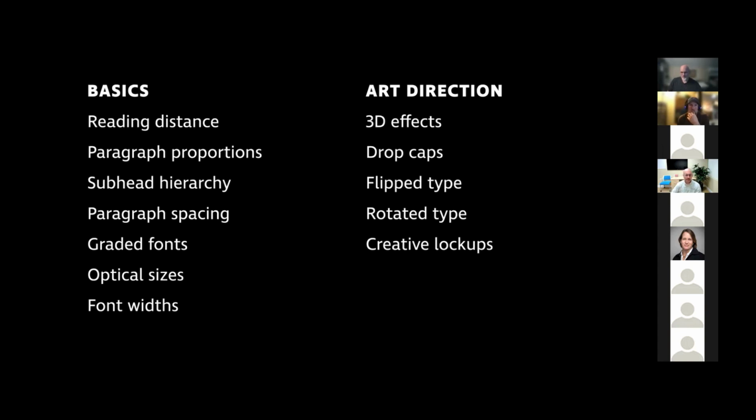We talked about paragraph spacing, so indenting instead of breaking the line, right? Graded fonts for different screen resolutions or dots per inch situations. Optical sizes, again, low contrast for small size, high contrast for big size. Font weights, again, condensed, narrow, normal, wide for different screen resolutions. And then when it comes to art direction, 3D effects, drop caps, pretty much any type of positioning that we can imagine. And then also how to create scalable lockups. Once you design that, you can make it scalable. You lock it up and then it looks the same on every screen resolution.